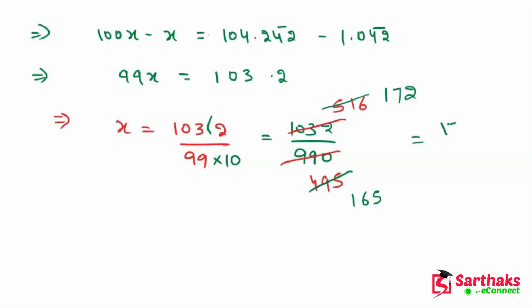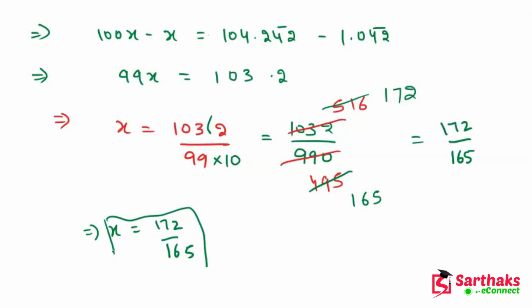So here we get 172 upon 165. So x equals 172 upon 165. This is the answer. I hope you understand these things.